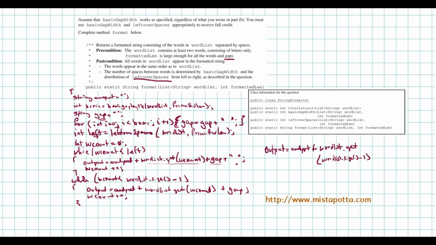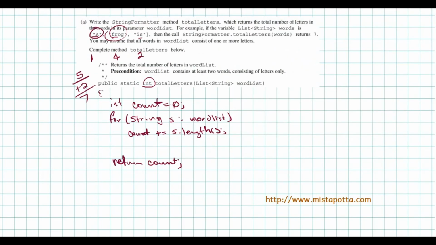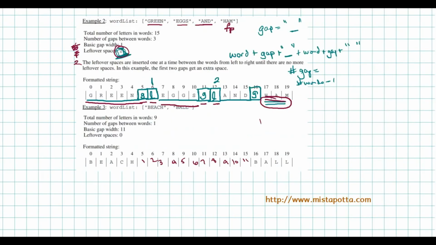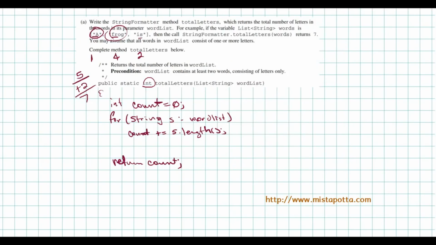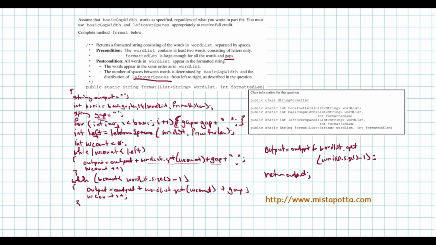I want to make sure I get the last word in that word list, and then return output. And so this allows me to take care of this last word, ham. So I'm going to go in, because my size is 4, this is in spot 3, so I'm going to retrieve what's in spot n-1, size minus 1. Concatenate it to the end of this output that I've been building since the beginning of the program, and then return my output statement. So this takes care of problem number 4.